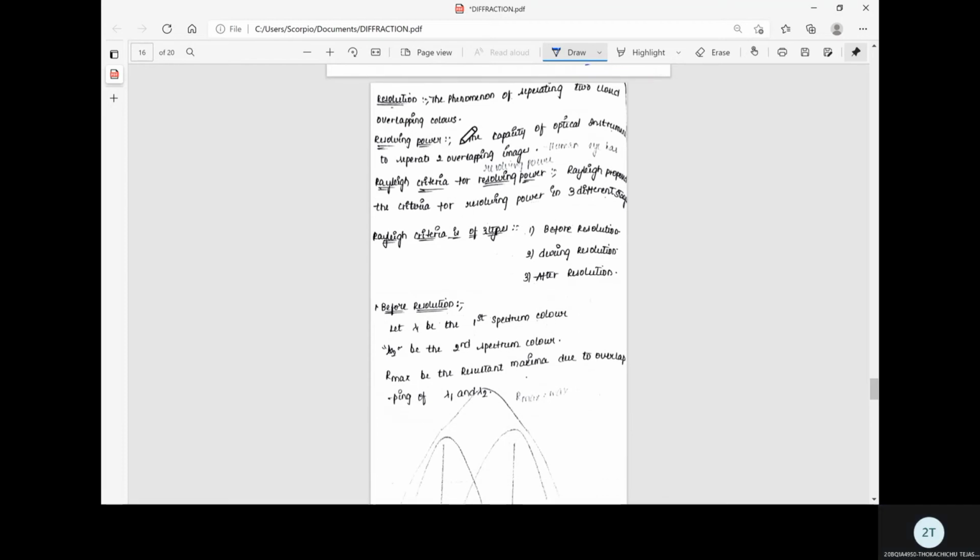And next, what is resolving power? The capacity of an optical instrument to separate these overlapping images. That is, as we just discussed, resolution is the separating of these two overlapping colors, while the capacity of the optical instrument to separate the two overlapping images is resolving power.